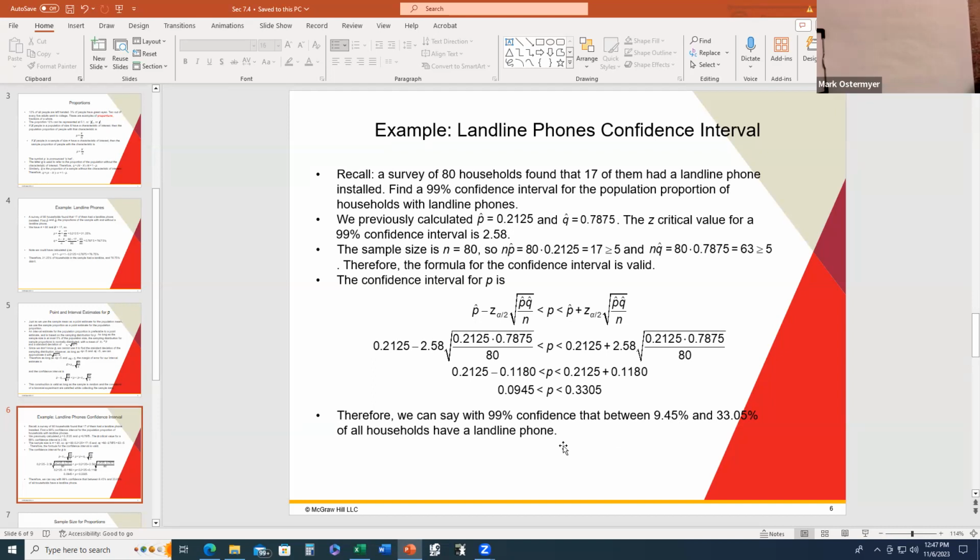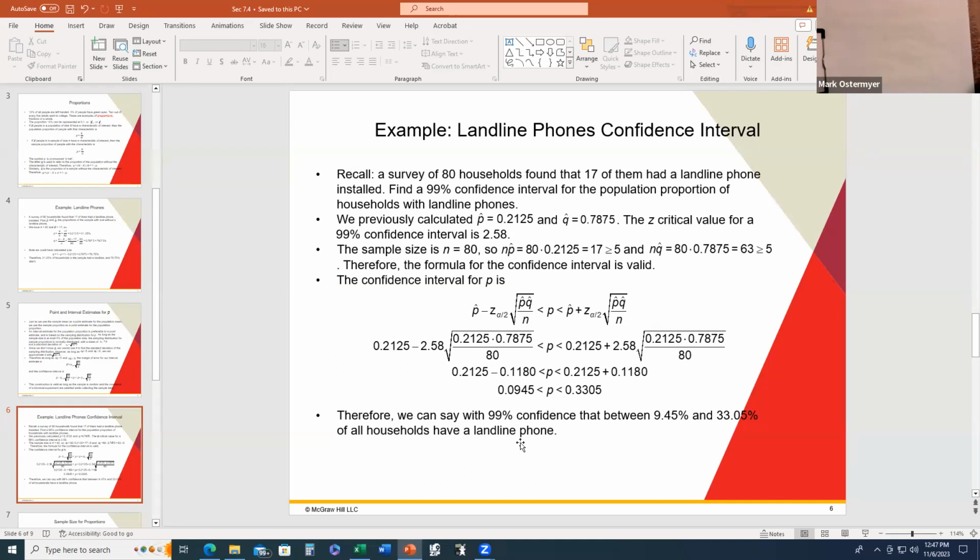So that's the beauty of the confidence interval, is that we have some idea of the measure of accuracy between our sample result and our unknown population result. Any questions how we built that confidence interval manually for an unknown population proportion?